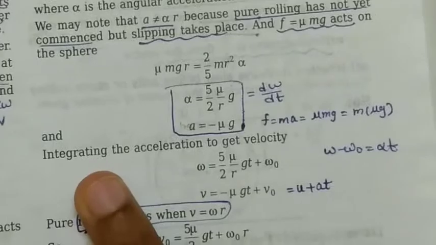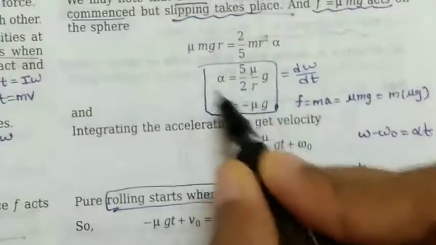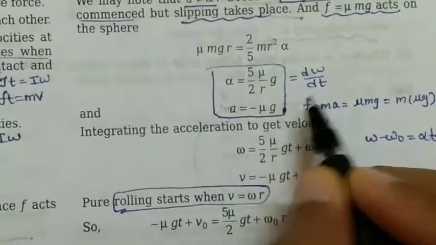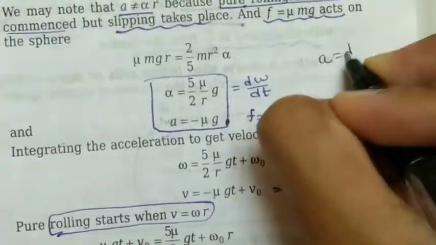Now we integrate the acceleration to get velocity. Alpha is nothing but d omega by dt, just like acceleration is dv by dt.